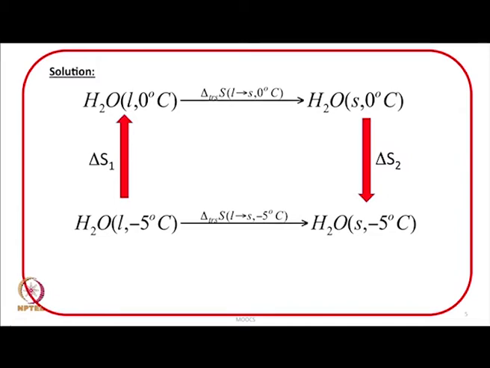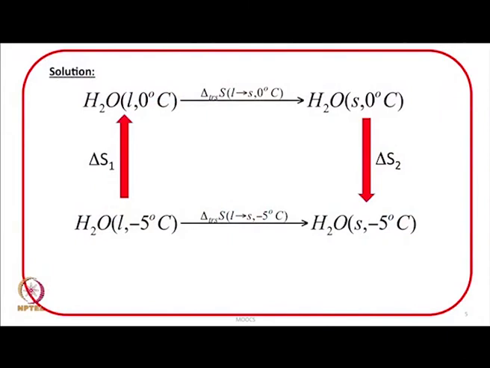We have already discussed how to calculate entropy change for each of these steps. Let us carefully see what information we need to get delta S1 and delta S2. For this step, water remains as liquid. It is only the temperature changing.